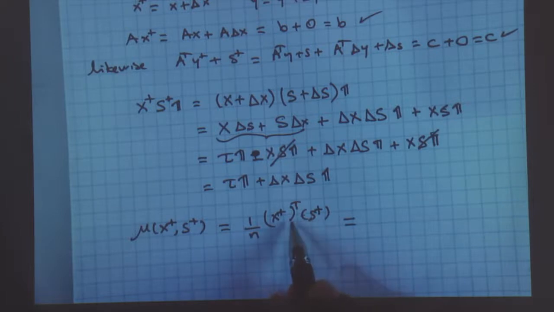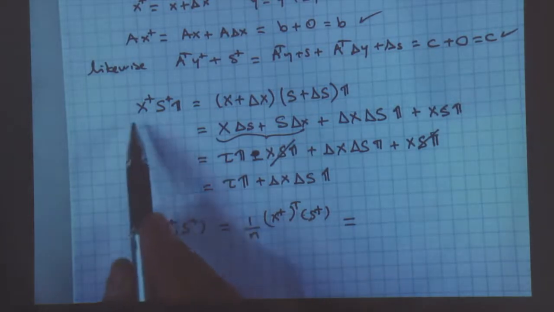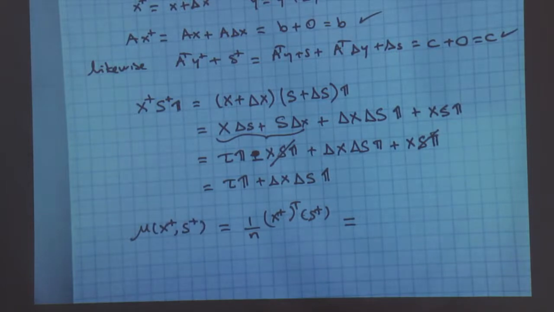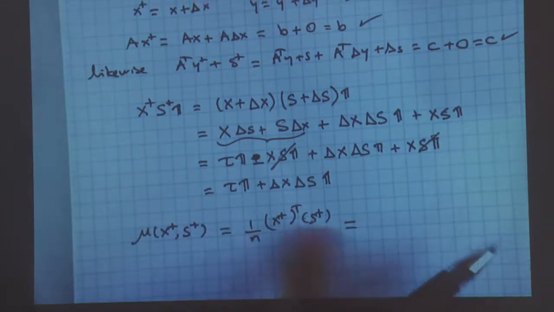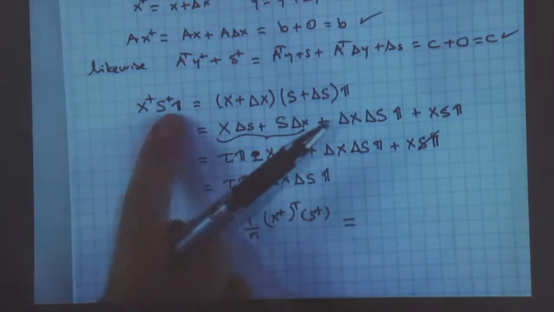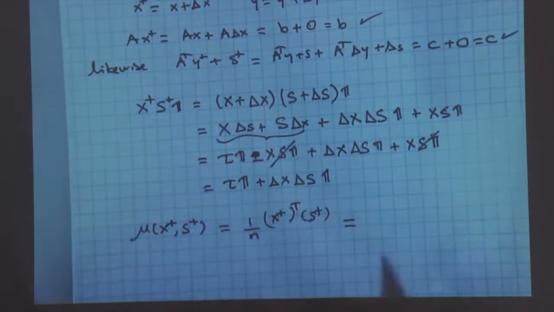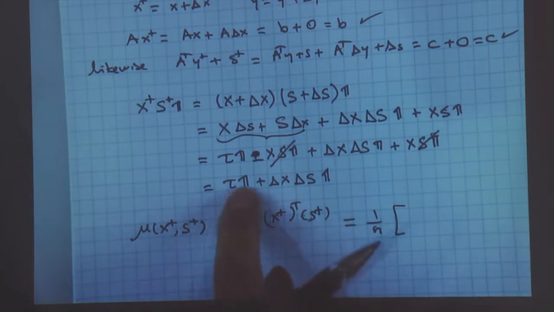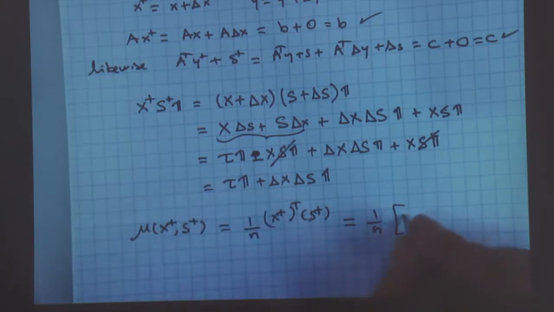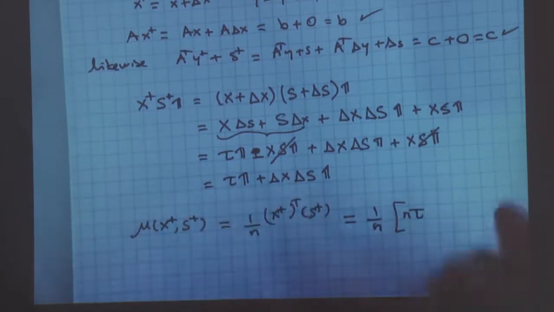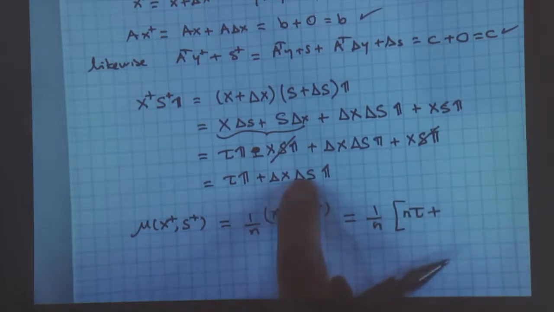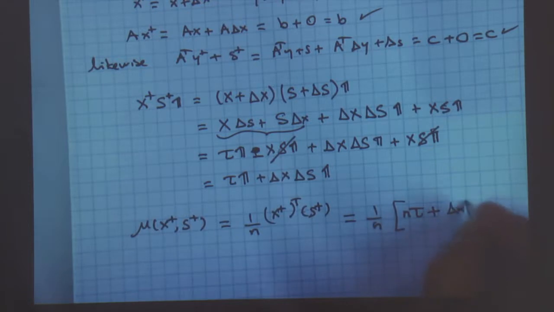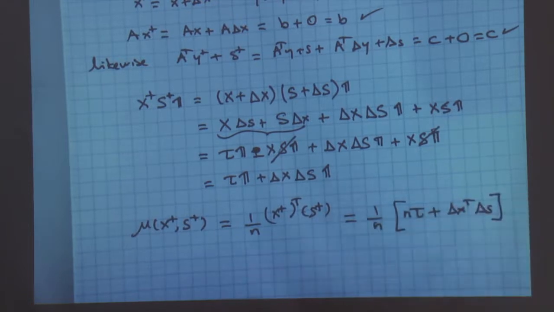What is this product equal to? This is x plus s plus component-wise, and if I want the sum of all of those, it is the sum of all these components. Okay? So this is 1 over n. I have tau times 1, so this is n tau. And then I have delta x transpose delta s.